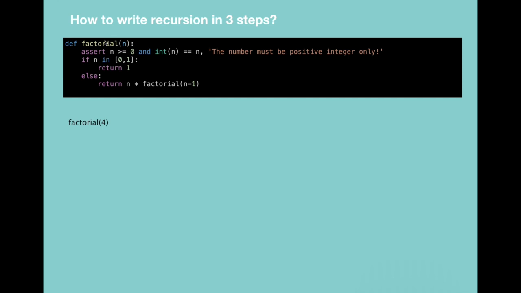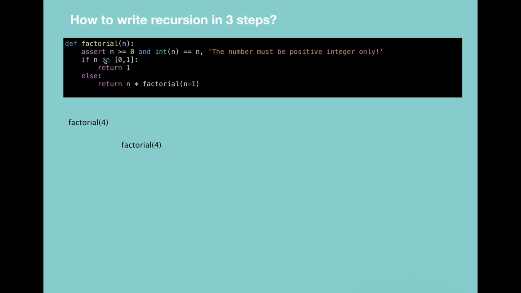If we run this function when n equals 4, the control comes to the first condition where it says n is greater than or equal to 0 and n has to be an integer. So we see that 4 is greater than 0 and it's an integer number. So everything is okay with this case. So it will continue to the next case.